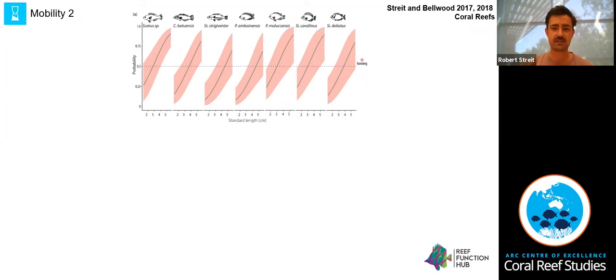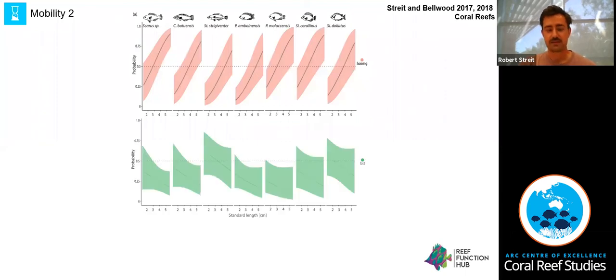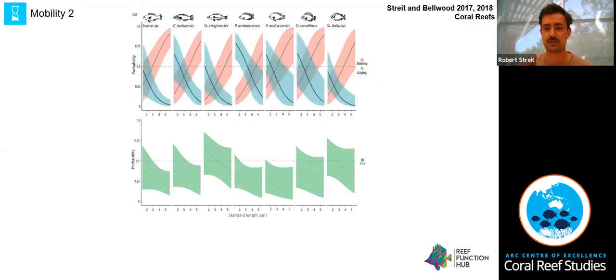While you could argue that small fish are just too small and don't survive on reefs anyway because they have a high risk of predation, we looked at that as well. We found a trend that smaller fishes were more likely to die or disappear from our study, but it wasn't significant and the trend wasn't as strong as the homing trend. But what we did find, in the third category that we looked at, was staying at the release site.